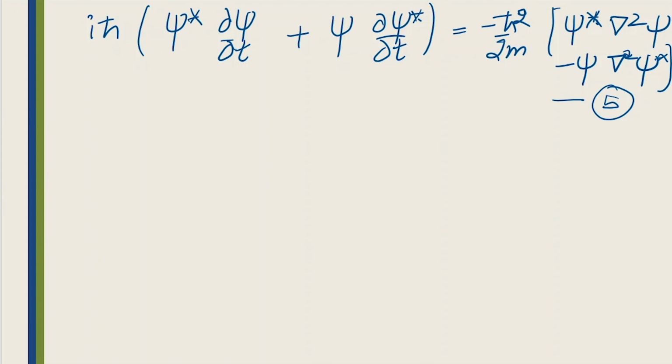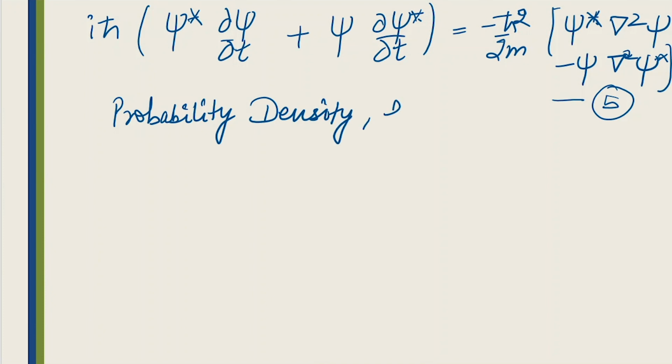We know the probability density rho is equal to psi star into psi.